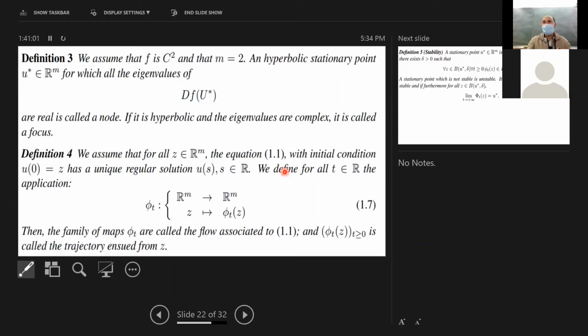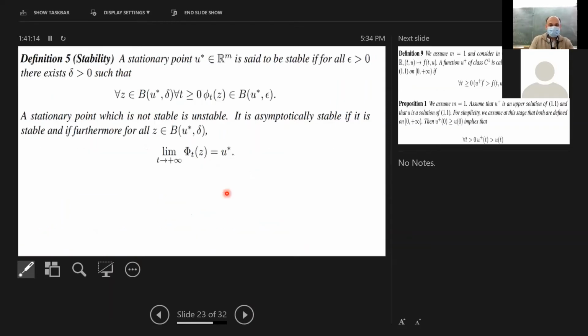And so the flow, it's the set of trajectories, basically. So the rigorous definition is there, but at this stage, you don't need to hear more than that. Stability. So stability has a precise definition, which is there. Again, you can write it at home. Right now, I don't need it.